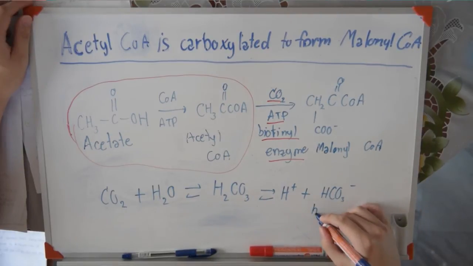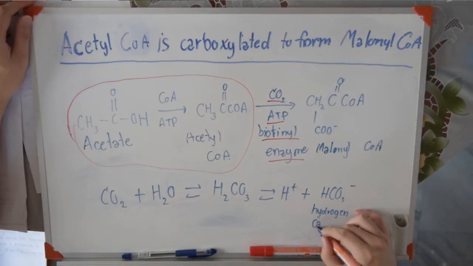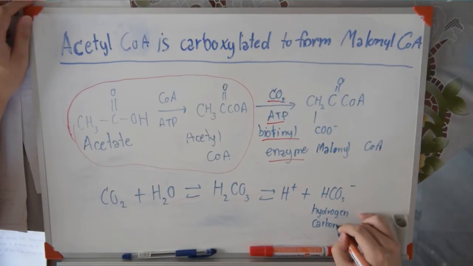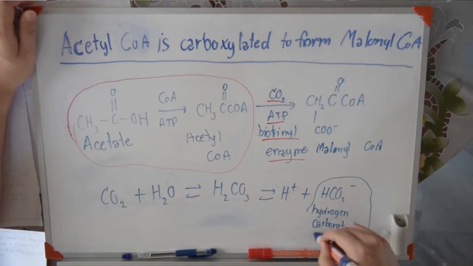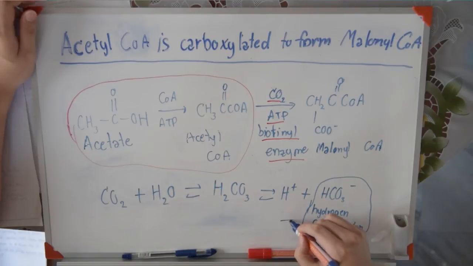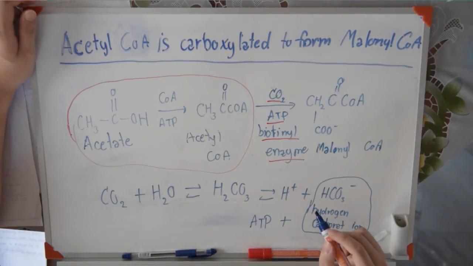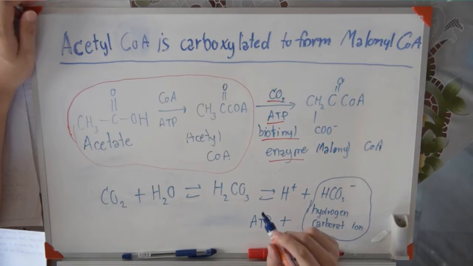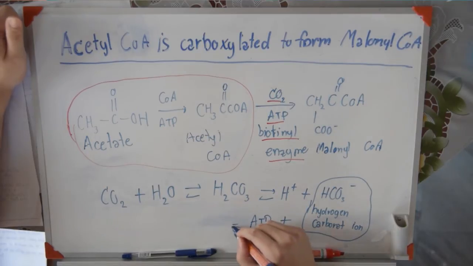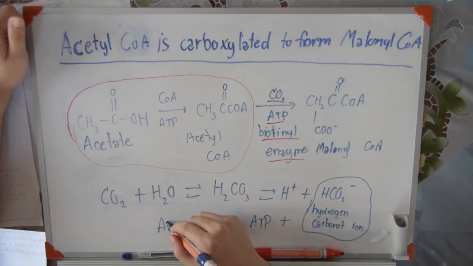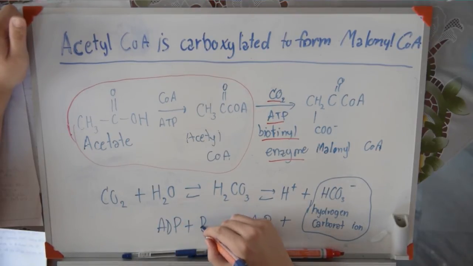This one is called the hydrogen carbonate ion. The bicarbonate ion will react with ATP, which derives from ADP plus phosphate.